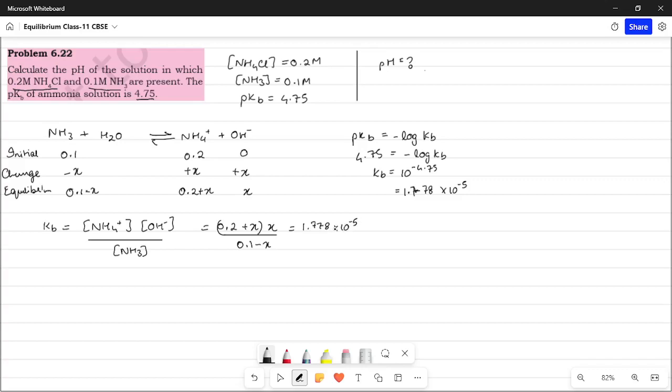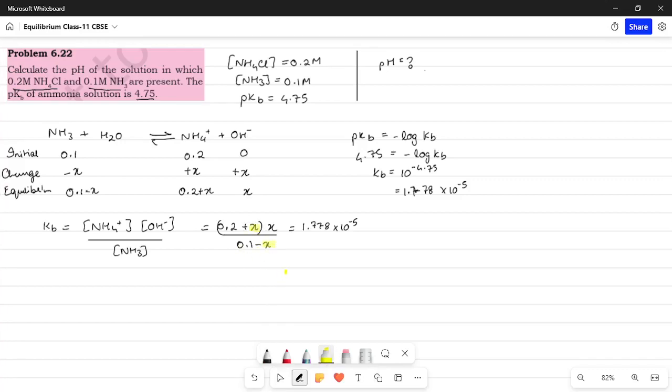Okay, so first of all, if you notice, the value of Kb is significantly small. Because of that, we're going to ignore this value of X and this one, because the dissociation has not happened to a great extent. The only reason we are able to make these concessions is because the value of Kb is so small.